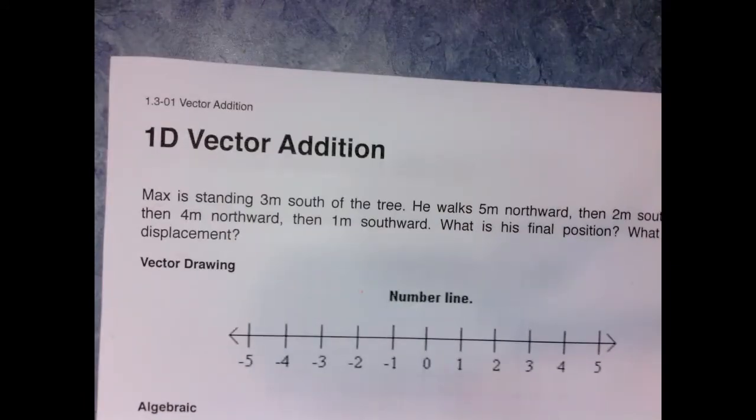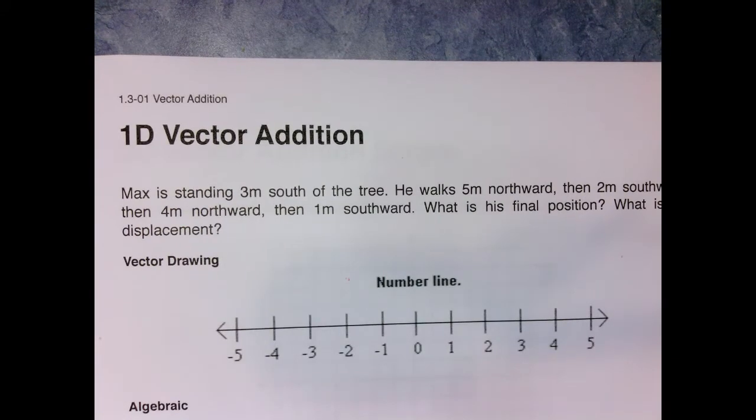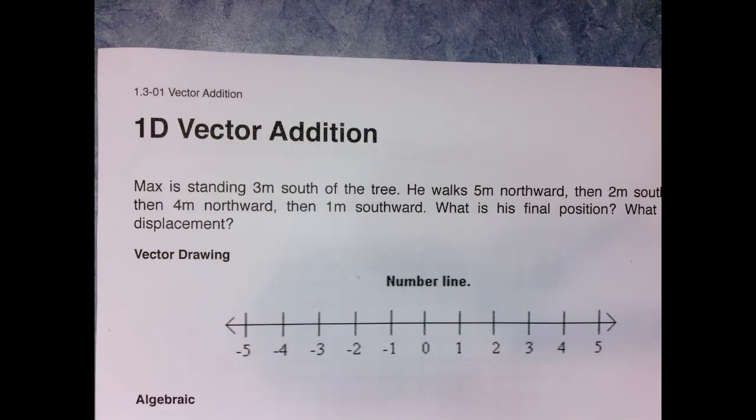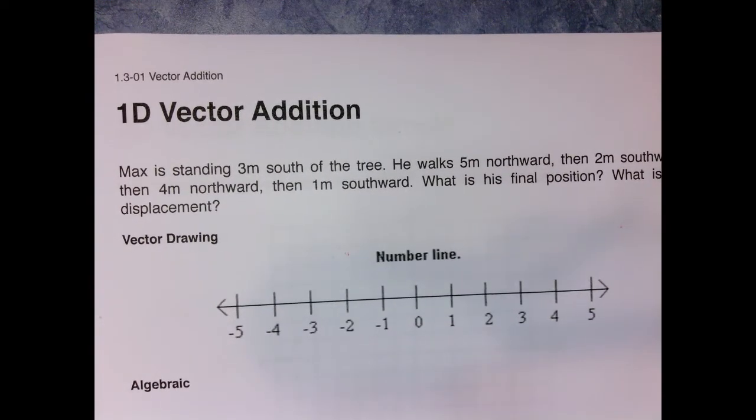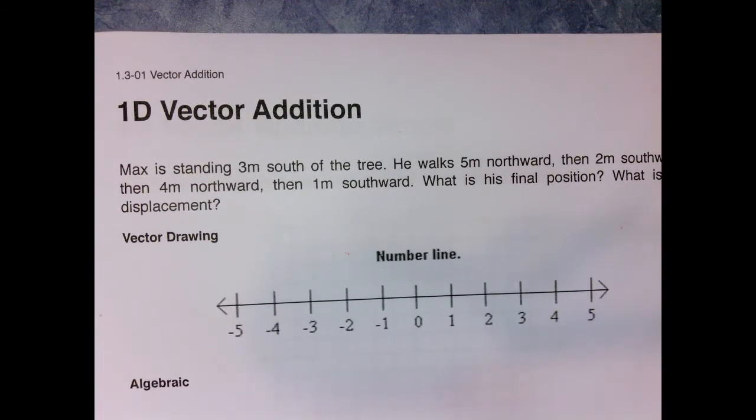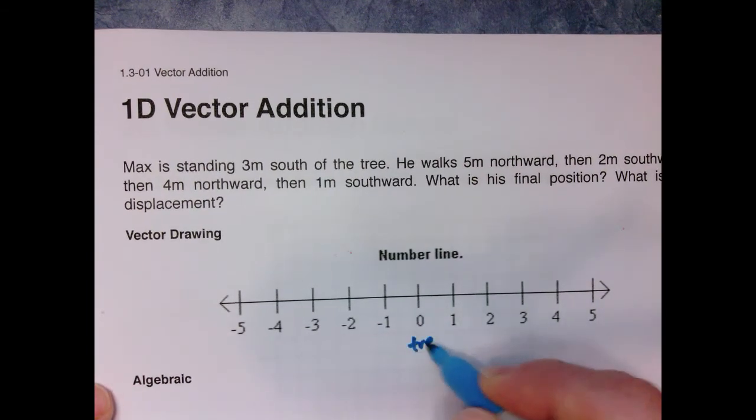So let us first take a look at, in the ensuing pages, I'm going to consider one-dimensional and two-dimensional motion and some different examples of how we can draw and calculate the answers. So in one dimension, we have a number line like we've seen before. So we have Max, who is located 3 meters south of the tree, so we'll say this is our tree.